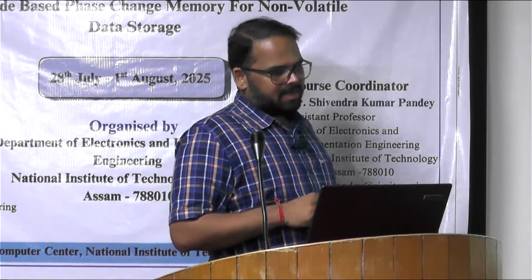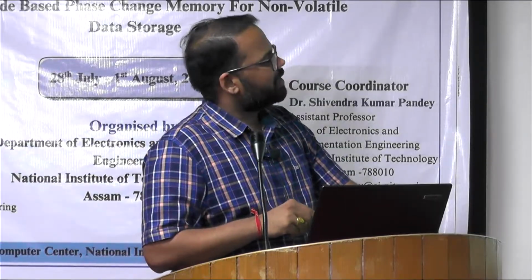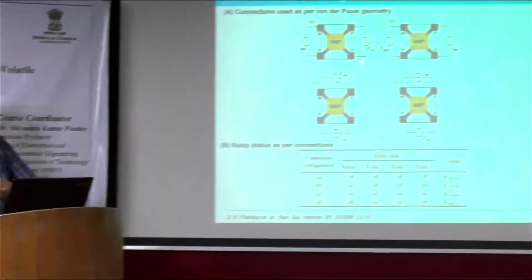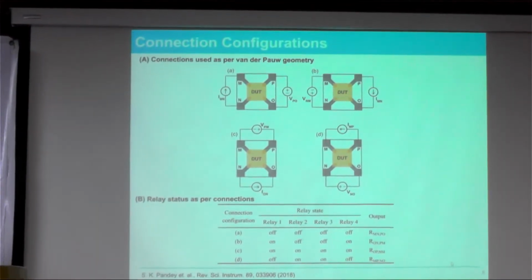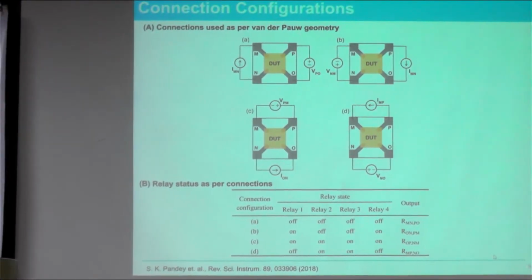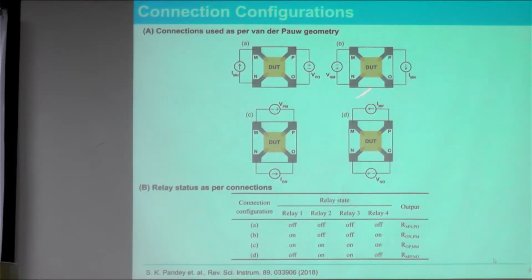If we try to figure out the connection configuration, it's a kind of 4 configuration. You can enhance this 4 into 8 also. So 4 values you can average out, and then the remaining 4 you can average out, and then you can directly get this value. Here 4 configurations are identified, where you can see how it is programmed.